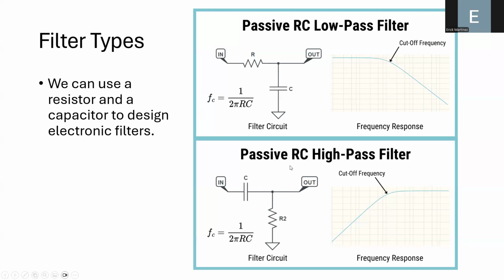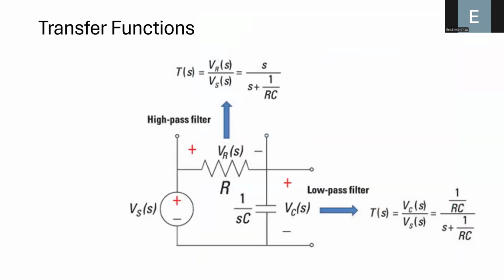Also, you can generate a high pass filter, again using the same components, but now you measure the output voltage across the resistor. Again, you can determine the threshold of your high pass filter using this equation. So that is another aspect to consider.